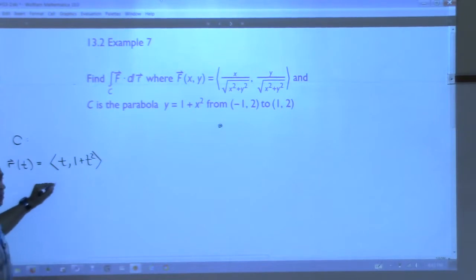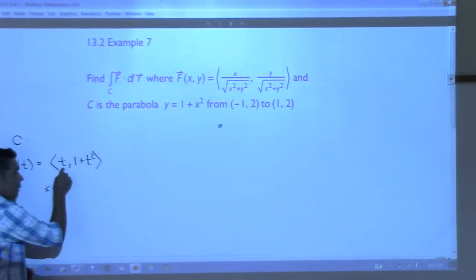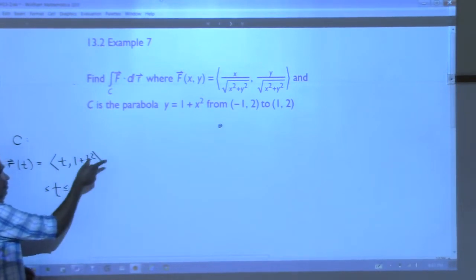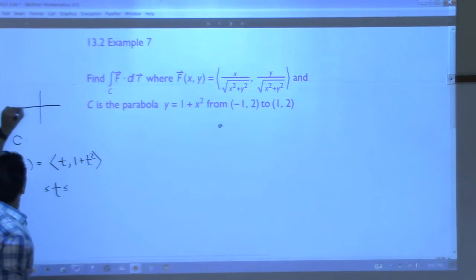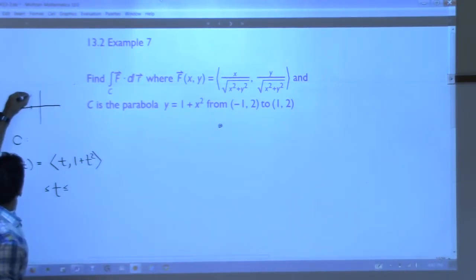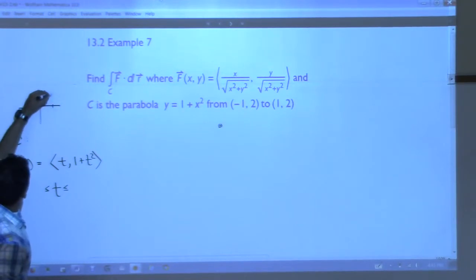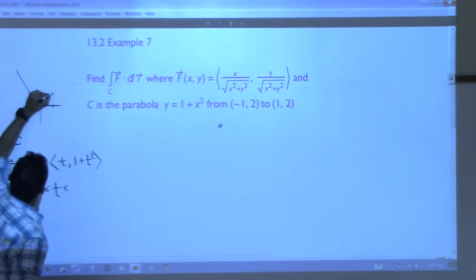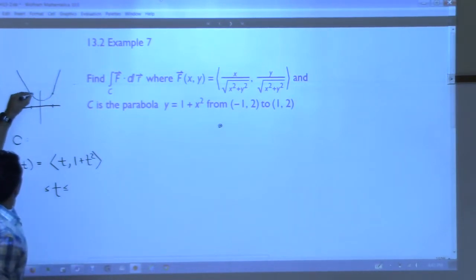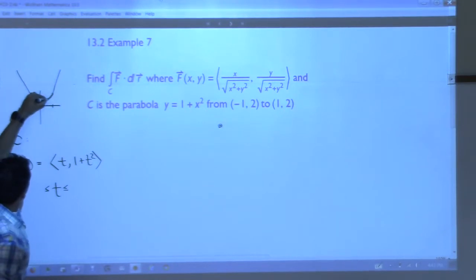Now, you have to give me a restriction on t, though. And t is the x, right? Correct. So can you tell from the points I gave you? It's going to be from negative 1 to 1. And this is a parabola that opens up, right? So it actually goes like that, and we're only talking about this piece right here.